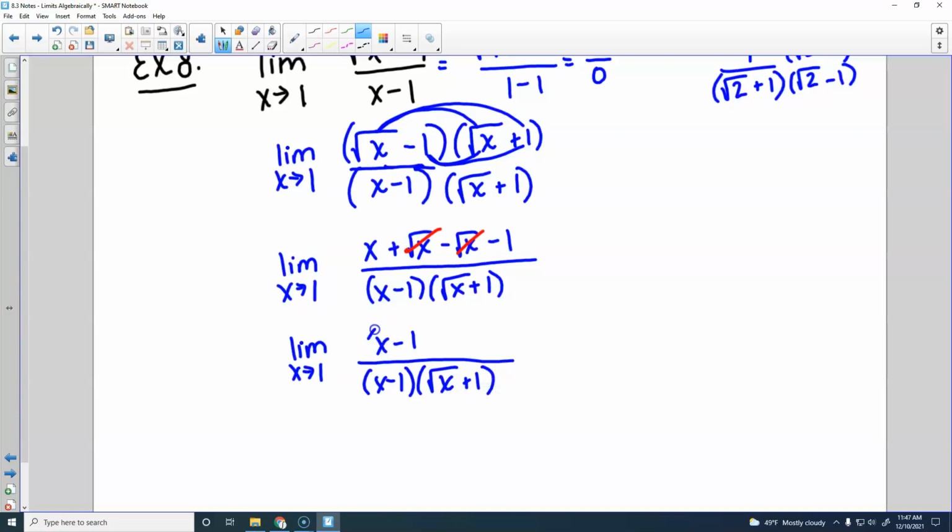Like this, and because we've got multiplication here between my x minus 1 and the rest of the stuff over here, I can just cancel my x minus 1s. And so now I have the limit as x approaches 1 of 1 over the square root of x plus 1.